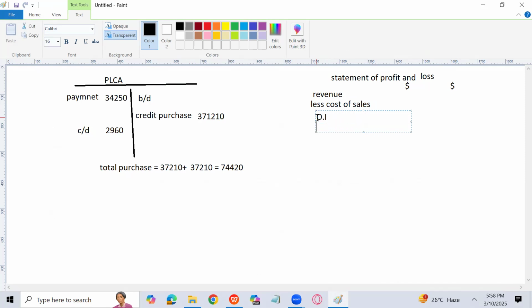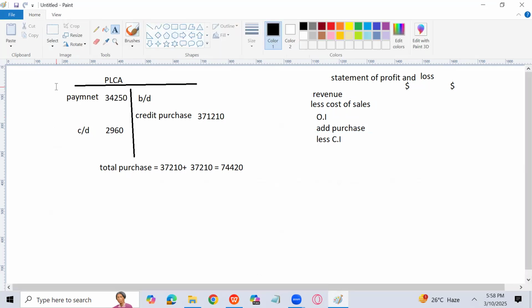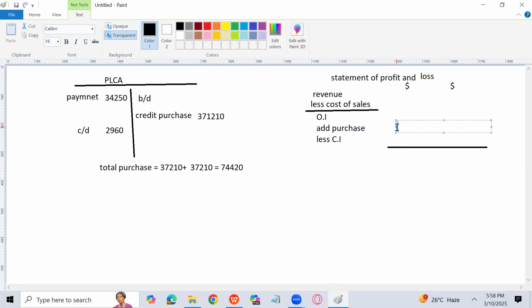So I will go with the cost of sales: opening inventory, add purchases, less closing inventory. Sales return or purchase return will be subtracted, and carriage inward will be added, but there is no sales or purchase return or carriage inward. There is no opening inventory because the business has newly started, and in the previous year there was no closing inventory, as there was no business.